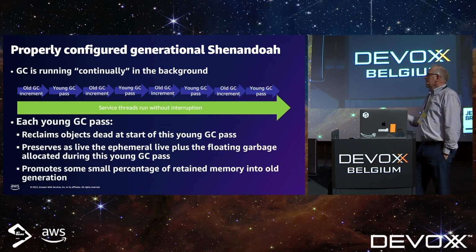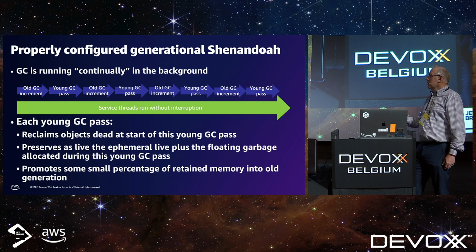So each time we do a young gen collection, we're going to reclaim all of the objects that were dead at the start of that young gen collection. Anything that is allocated while we're doing the young gen collection will still be live at the end. If it was live during the collection, we can't reclaim it. So the reality is, at the time we finish the young gen collection, a lot of the objects allocated during that span are dead, but they're not reclaimed until the end of the next collection.